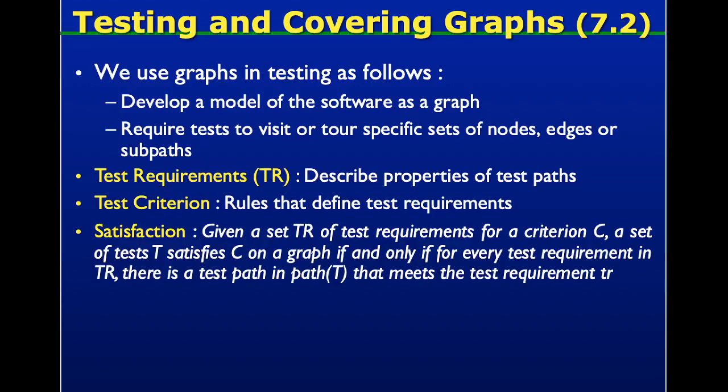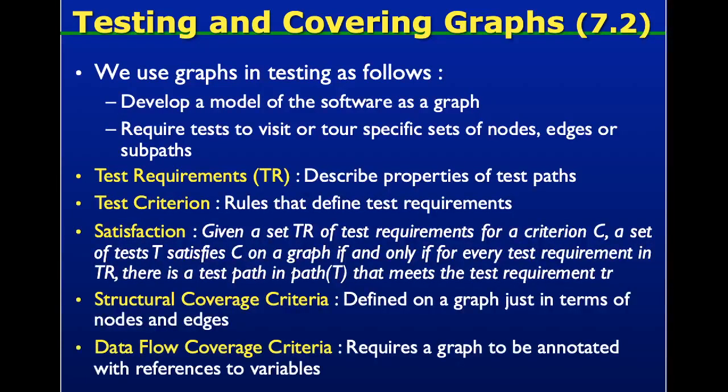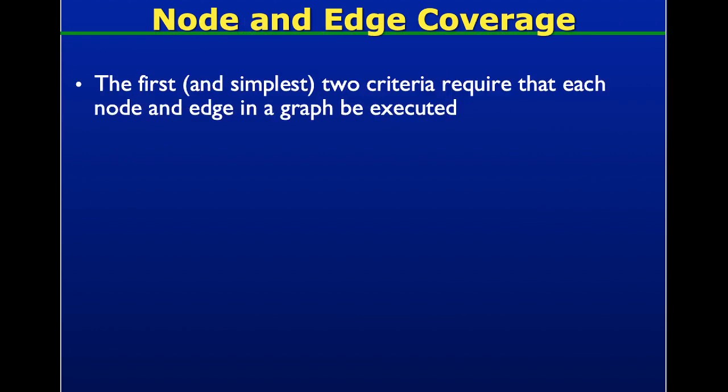A test requirement, we usually call them TR, describes properties of a test path, as well as we have the definition for test criterion and satisfaction. Let's talk about coverages.